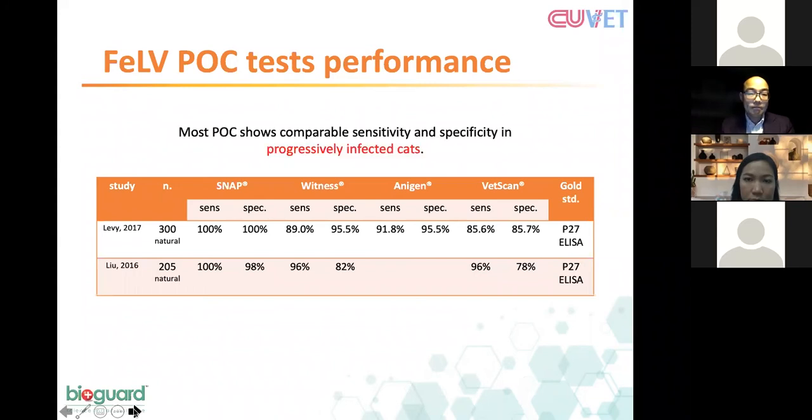most tests show comparable sensitivity and specificity in progressively infected cats. Also, with the clearer background of the SNAP, you can see the sensitivity is slightly higher, but I would say all of them are comparable in terms of sensitivity and specificity, but only in progressively infected cats.